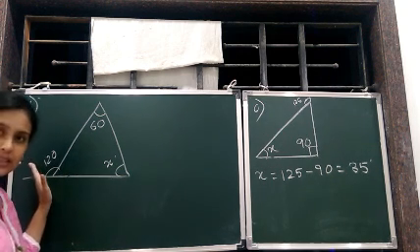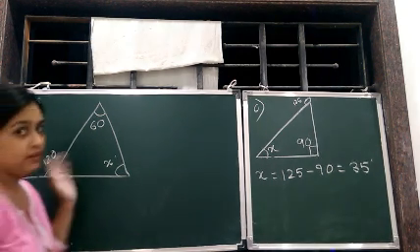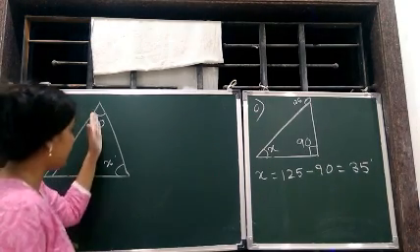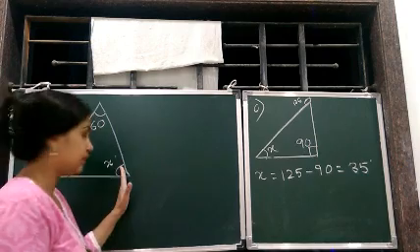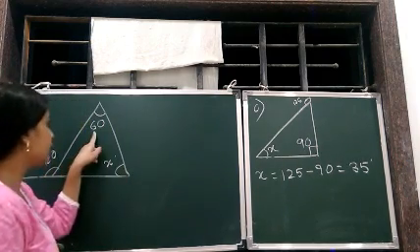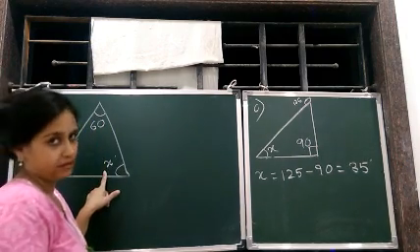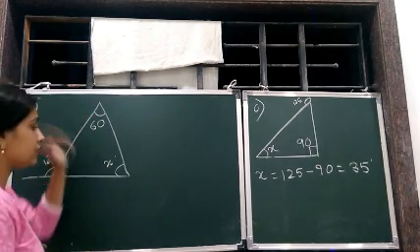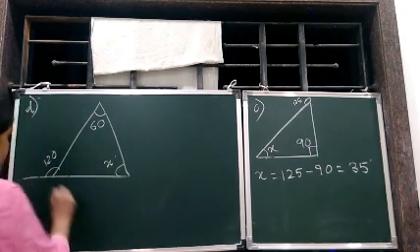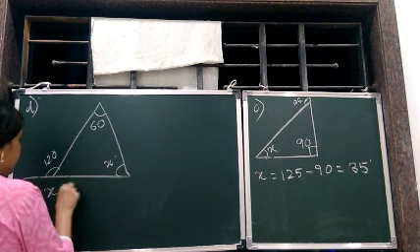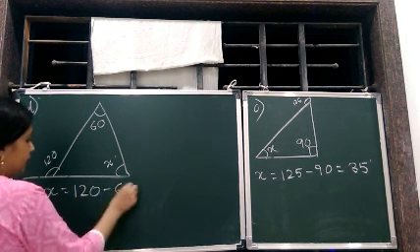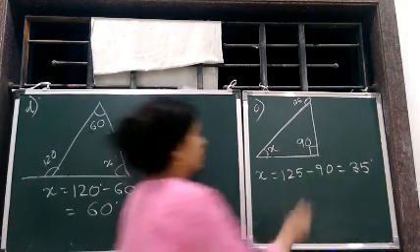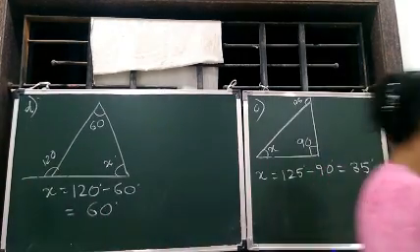Since it is an exterior angle and we have studied the property that the measure of the exterior angle is always equal to the sum of interior opposite angles, that means 120 is equal to 60 plus x. Now we want to know this x. From this 120 we remove 60, and we will come to know what x is. So x is equal to 120 minus 60. This gives us 60.